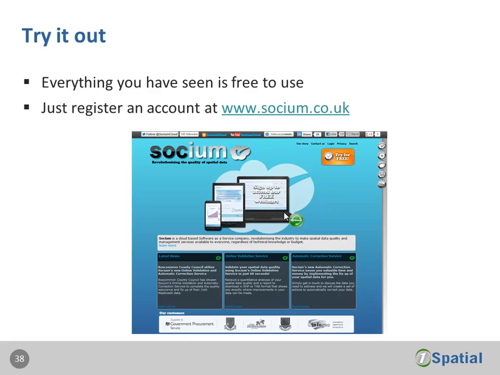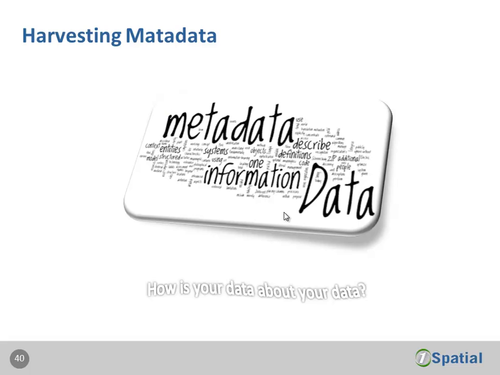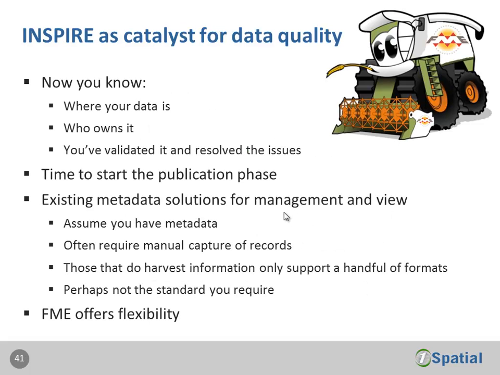So that attribute gives you an indication of what the issue is. So you can then go ahead and carry out some updates to that data, either by locally running that through FME to try and resolve some of the problems, or going through a manual process if the volume of data isn't too significant. So everything you've just seen there is free to use. You can access that service through socium.co.uk.